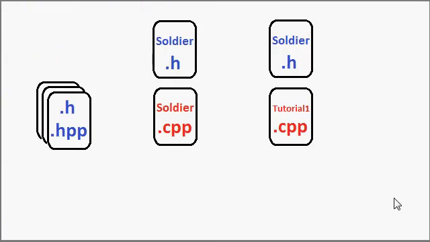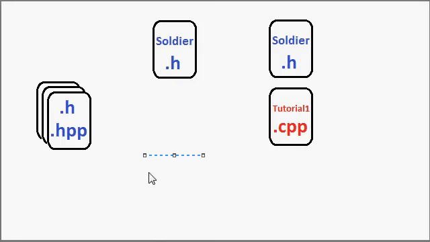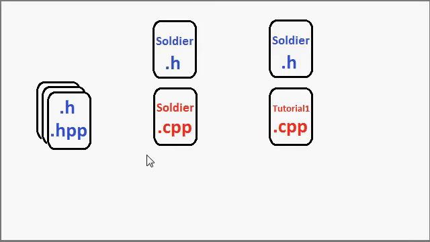So it comes out pretty interesting that the soldier.h file gets included twice into two different translation units. First, it's included over here for this source file, for this .cpp file, because before we could start implementing the definition of the soldier class, we need to include and declare what is a soldier class.